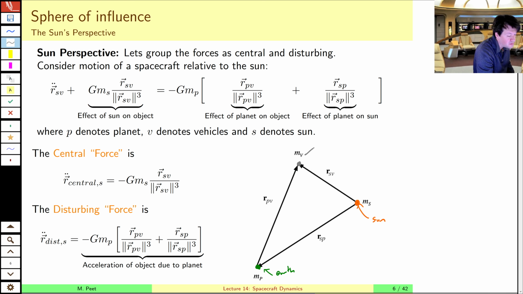It says vehicle here, but let's make it the moon. So V is for vehicle. So we've got this sort of triangle here, and intuitively we know that this object here, which is probably not the moon because it's much farther from the Earth than the sun, we intuitively know that this is going to be in the sphere of influence of the sun.